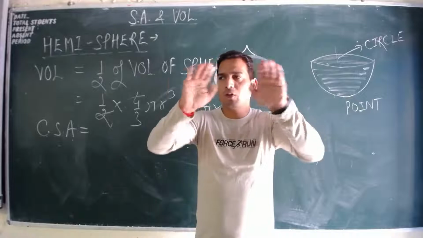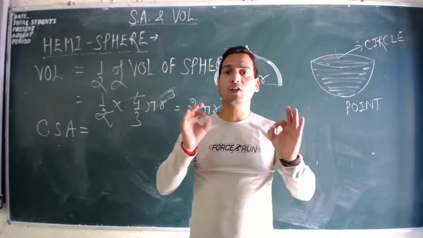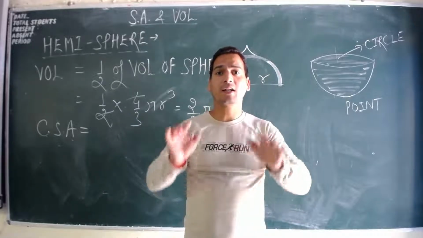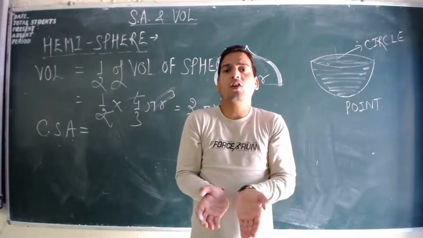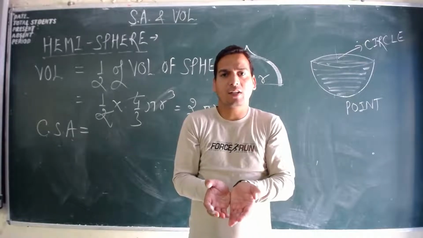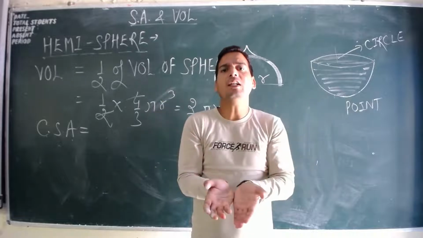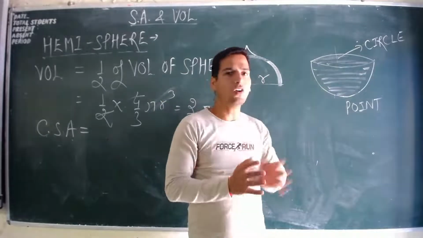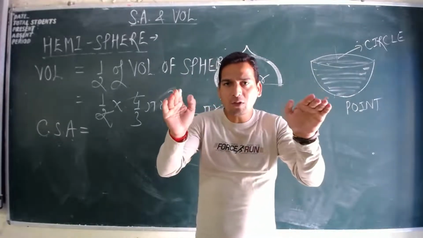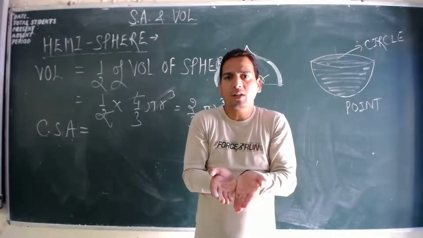Here, assume this portion, but in the subject mathematics, everyone has to assume, and assume correctly. This is the surface area of the sphere, and exactly half of this is the curved surface area that makes the curved surface area of the hemisphere.